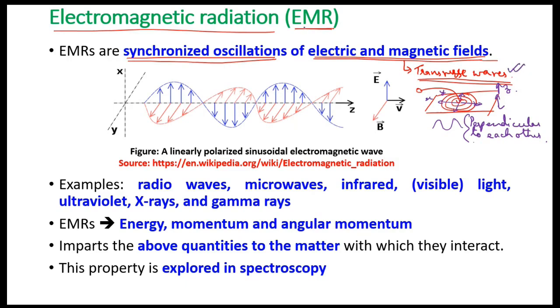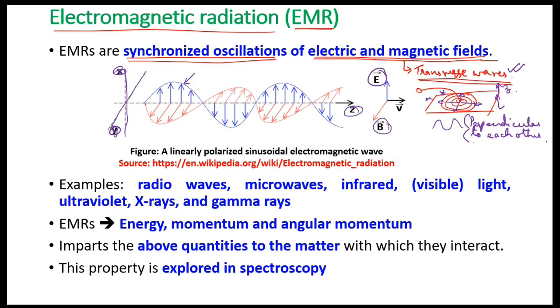And for EMR, if the vertical direction is the x direction, and the horizontal direction over here is the y direction, then the propagation direction is the z axis. So in the x axis, this blue line is the electrical vector, moving in the x direction.